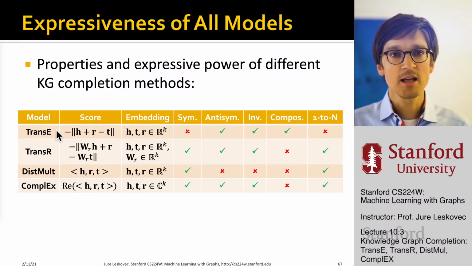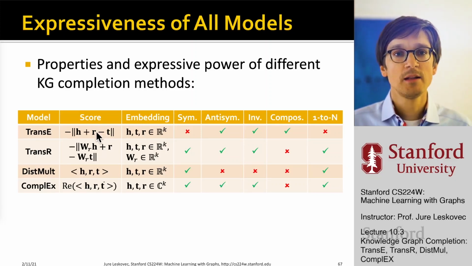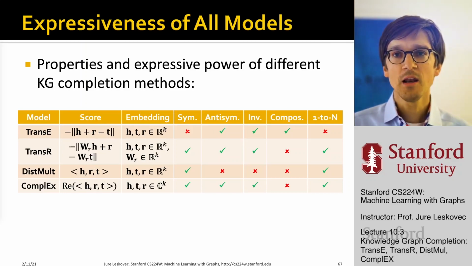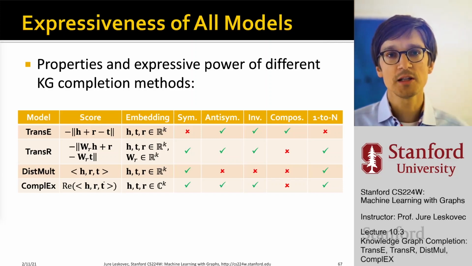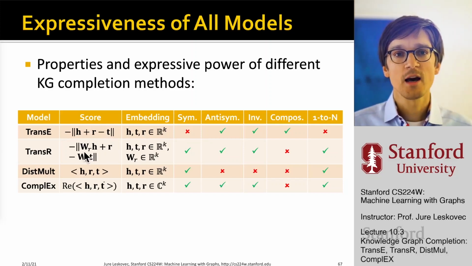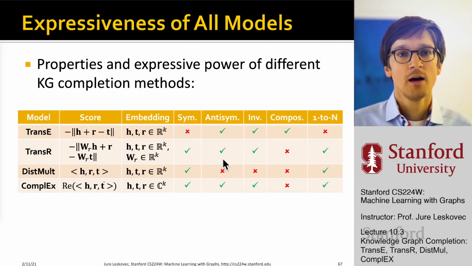What is interesting is that each of these methods has a bit different idea. The first two methods embed into the real space, so into the Euclidean space, but one uses the translation idea for every relation, while TransR also uses this transformation matrix M. Here I show different properties or relation types that these methods can model.